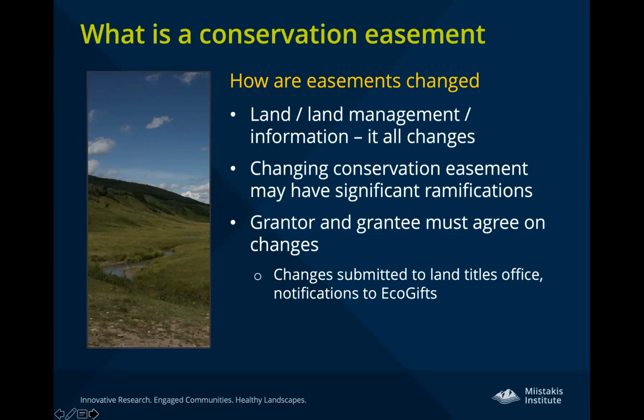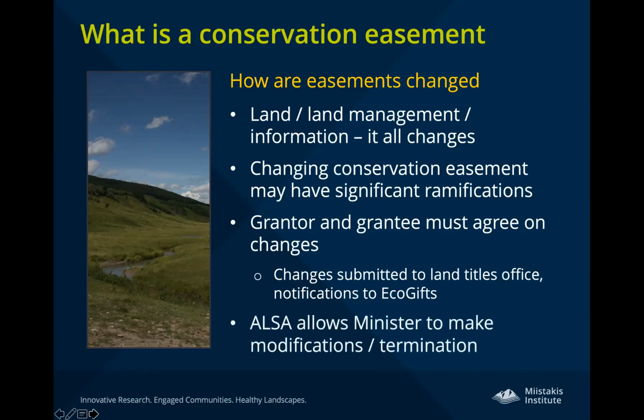Once those changes are committed to, those have to be re-registered at the land titles office, and again, run with a conservation easement. If that whole transaction was subject to a certification as a gift of ecological property, I'll talk about that in just a second, then there needs to be coordination, notifications with the Eco Gifts program to make sure that those changes are fine as well.